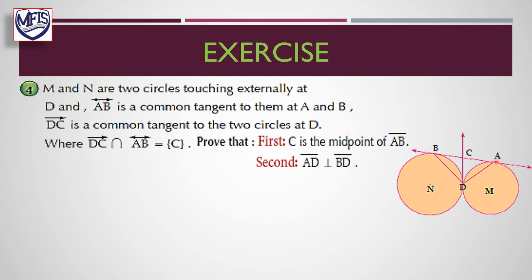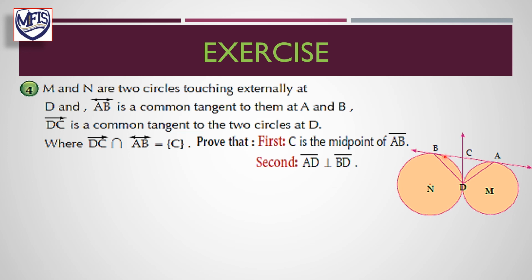I said before the length of AC equals the length of CD. That means the measure of angle A equals the measure of angle CDA. And also in the second triangle, CDB, CD equals CB. That means measure angle B equals measure angle CDB. Then this angle equals this angle, and also this angle equals this angle.